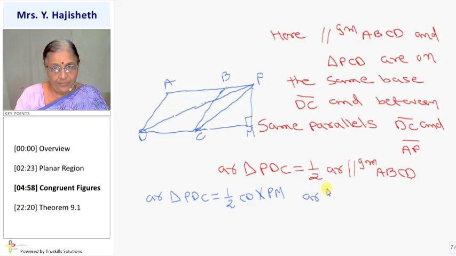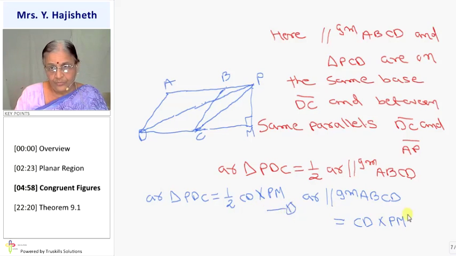And what is the area of parallelogram ABCD? That also you have learned in your previous standard. It is CD into PM, base into height. Now see what is the relation between 1 and 2. The relation is as given in this capital 1.